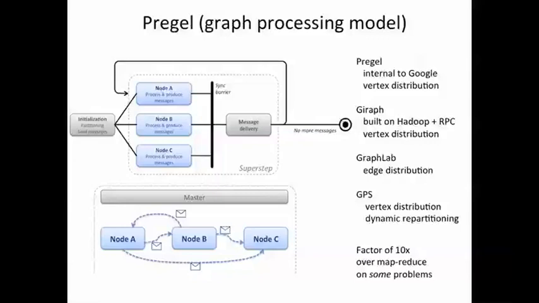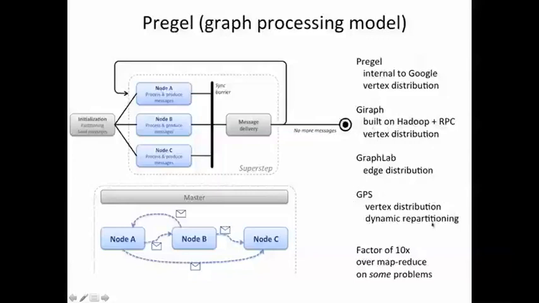There are different implementations. Pregel itself is internal to Google, as we mentioned a minute ago. Giraph is an open source implementation of the Pregel model built on top of Hadoop, but there are essentially only mappers and no reducers, and all the message passing communication happens through remote procedure calls. Like Pregel itself, Giraph distributes vertices across nodes.